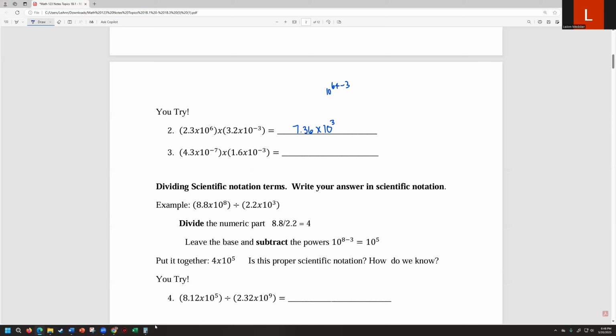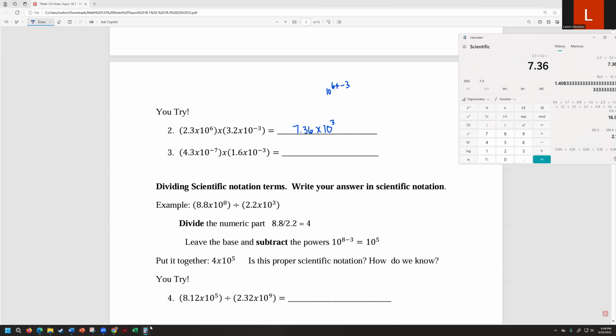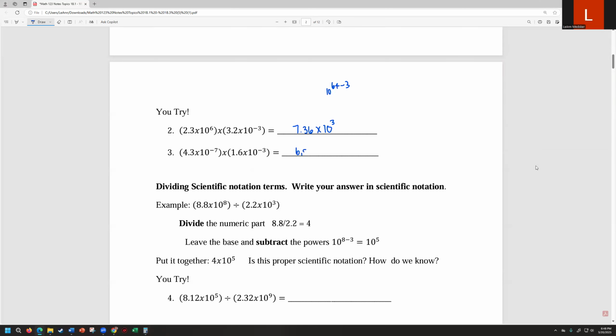All right, let's do the next one. And we won't probably get any that need adjustments until we've practiced this for a bit. So we are going to get some that aren't proper scientific notation in a minute, and we'll talk about how to handle that. So we've got 4.3 times the 1.6, because again, we're multiplying between our two parentheses. That's going to be 6.88 times, and then we've got, I'm going to write this over here again, a 10 to the negative 7 plus a negative 3.